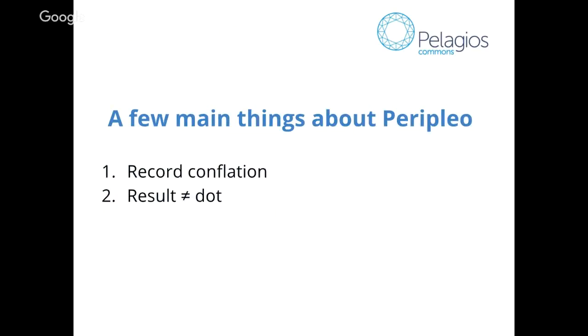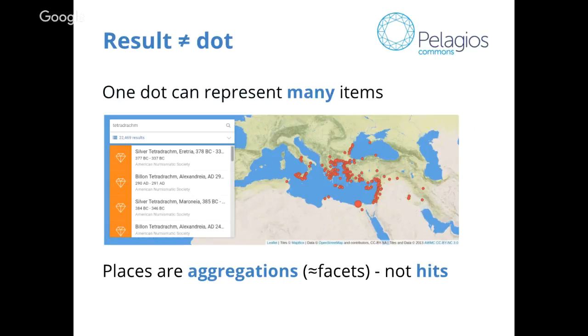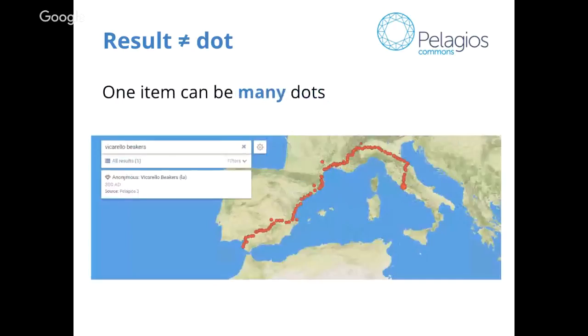And another point that we wanted to highlight is that the relationship between the results that you get in your queries and the dot that you see on the map is not necessarily a one-to-one relationship, because one dot can represent many items, as well as one item can have many dots. And this is an example of the connected locations of the itinerary on the Vicarello beakers, for example.